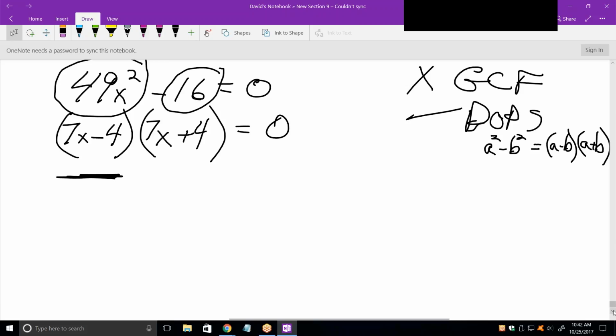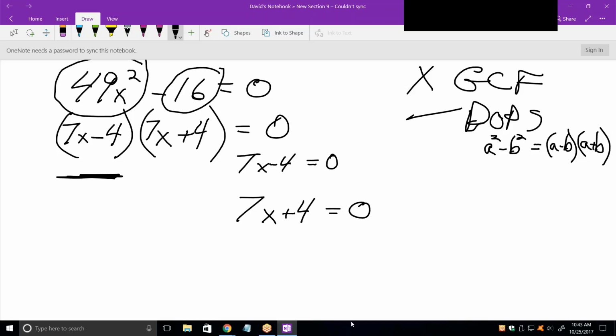Oh, sorry, let's finish this one. Would we make them both equal to 0? Correct. I trust your algebra skills are good enough to handle this part. Yeah, that makes sense.